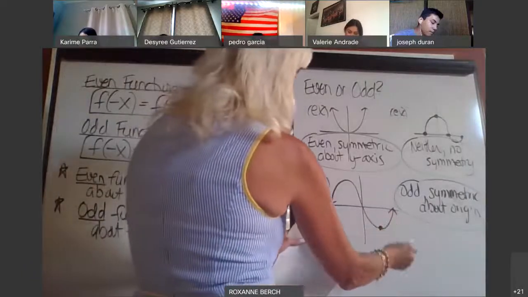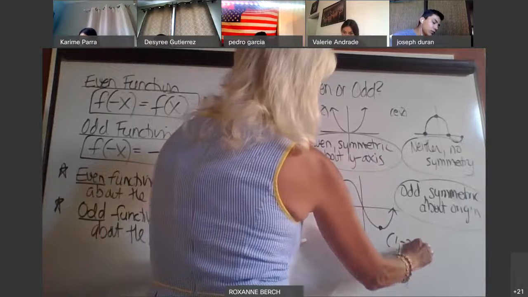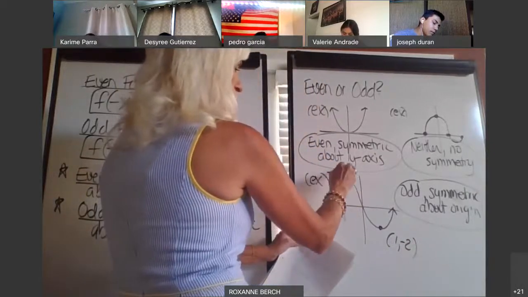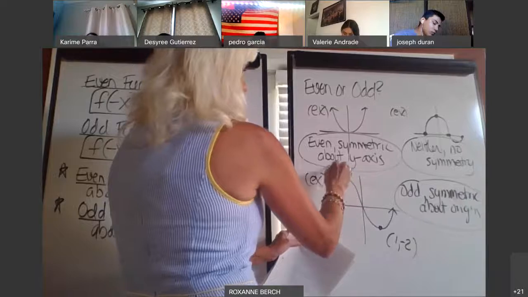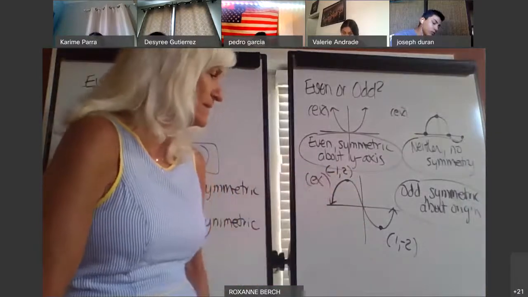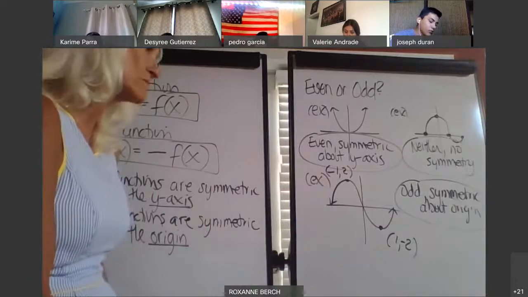If this point right here was right 1 down 2, this point would be left 1 up 2. So see how they're exactly opposite? That's symmetry about the origin.